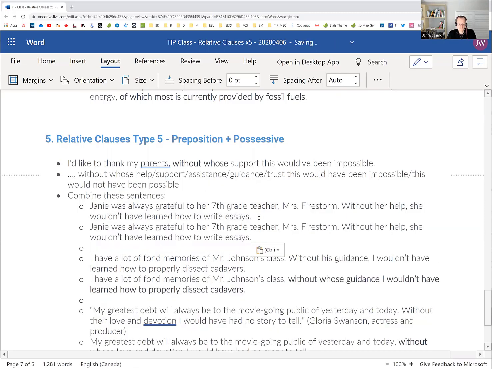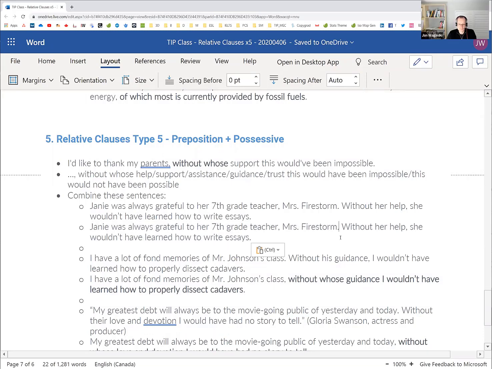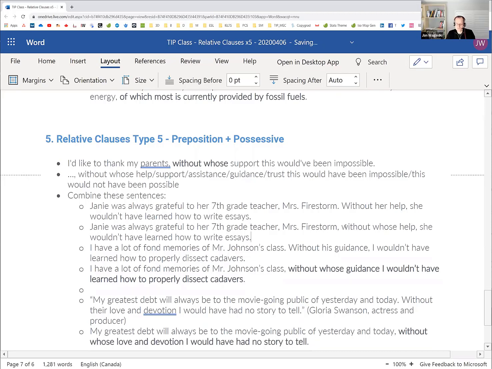Jane was always grateful to her 7th grade teacher, Mr. Firestorm, without whose help she wouldn't have learned how to write essays. That's it.